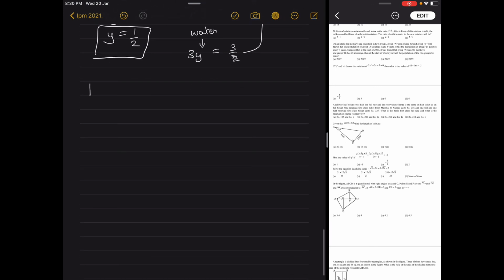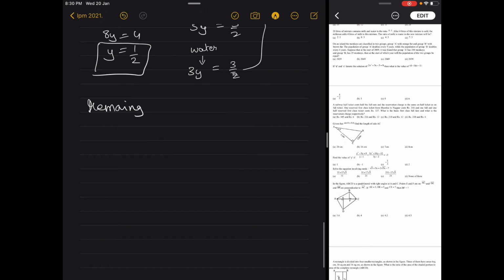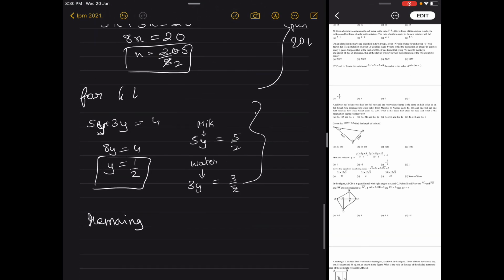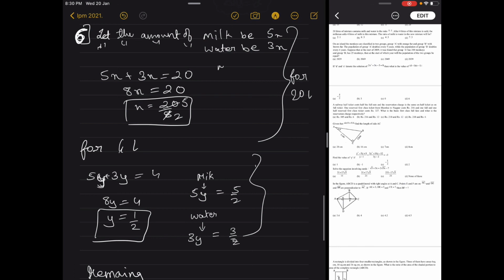So remaining would be, wait, let me find the ratios over here as well. For milk it would be 25 by 2 liters, and for the water the quantity would be 15 by 2.